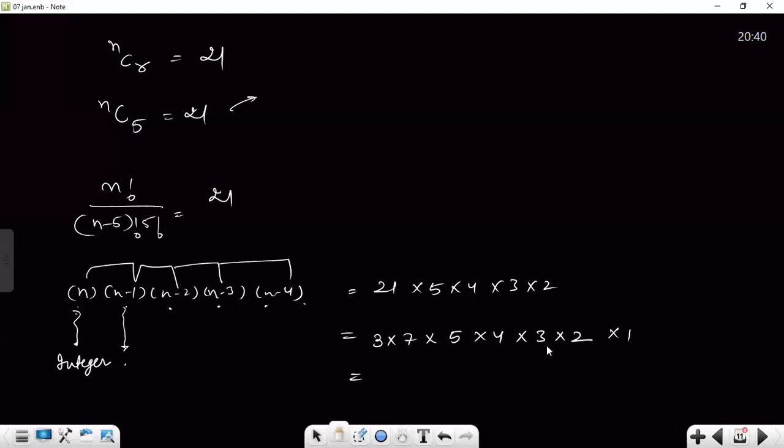Like 5 into 2 can be written as 10, 5 into 4 as 20, but we have to write consecutive numbers.